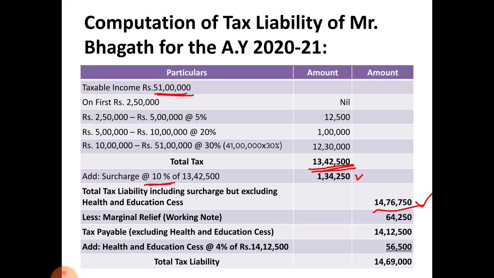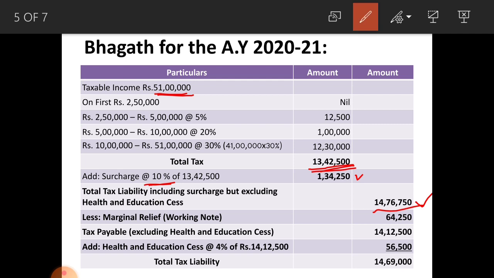So the marginal relief amounts to rupees 64,250. That means when you deduct marginal relief 64,250 from the total tax liability excluding health and education cess, you get 14,12,500 as tax payable excluding health and education cess.